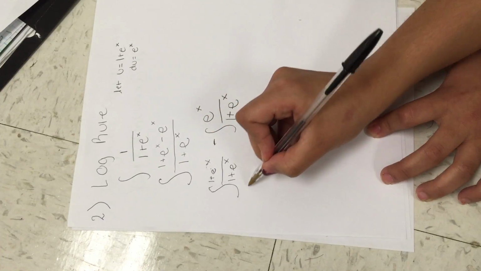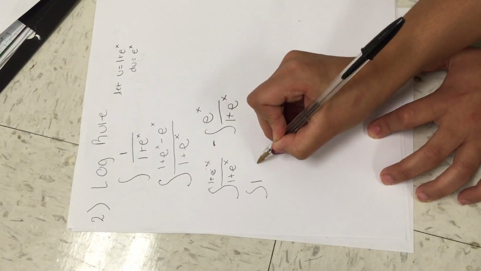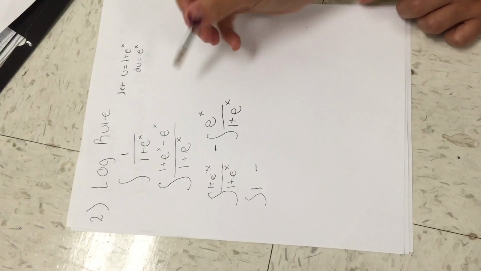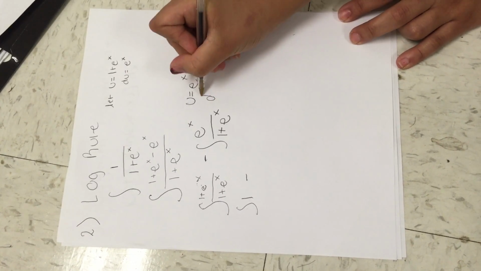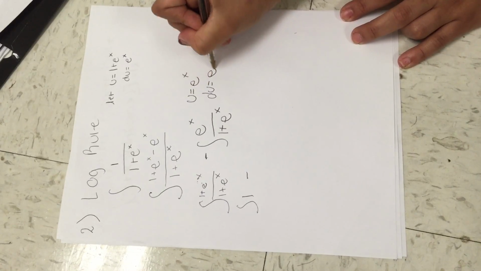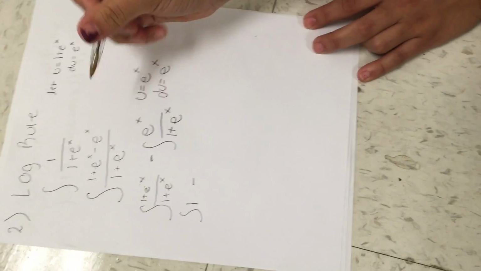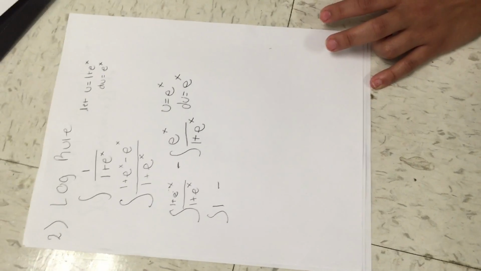This simplifies into simply 1, and then if you look here, you'll see that again we have u equals 1 plus e to the x, and the derivative, the du, equals e to the x dx.